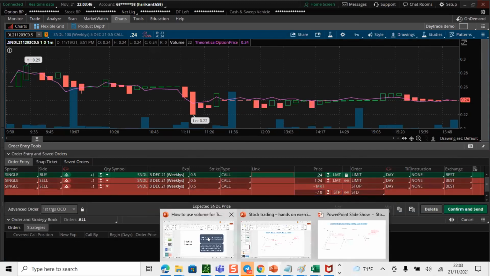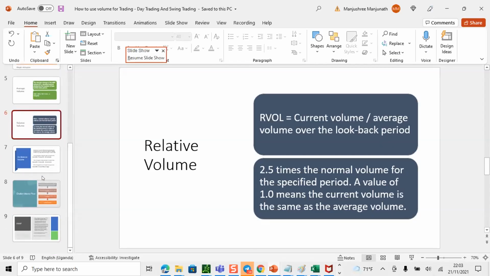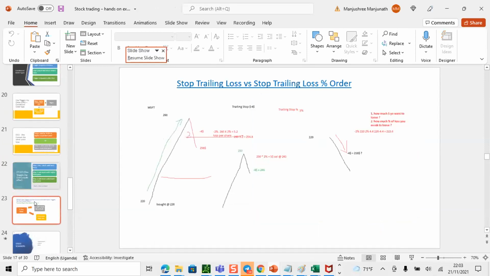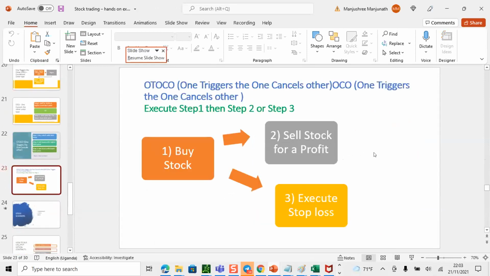I'll show one. Okay. So what is this buy with custom order? Basically, it combines 3 steps.